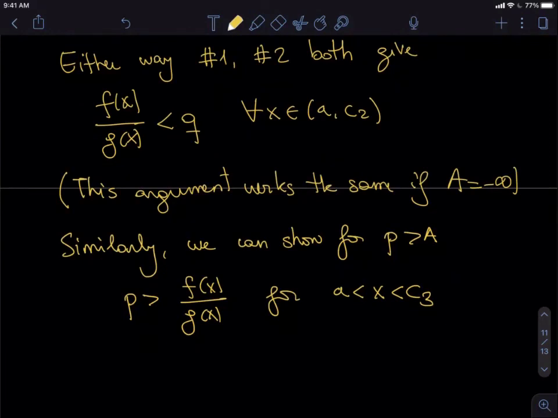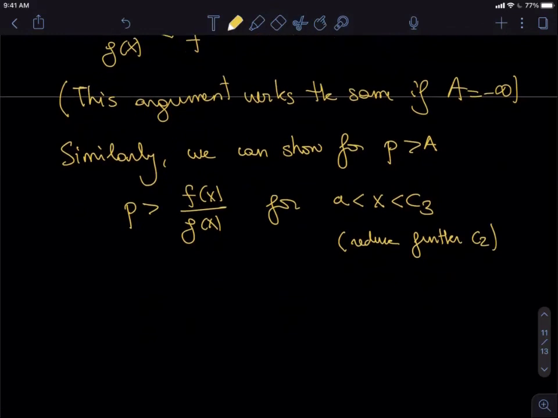For C3, we are going to reduce further the C2 we already found. We do this because we want both of them to hold at the same time.